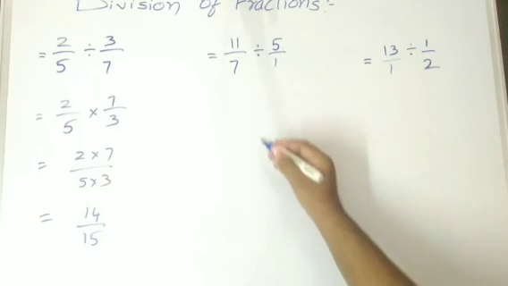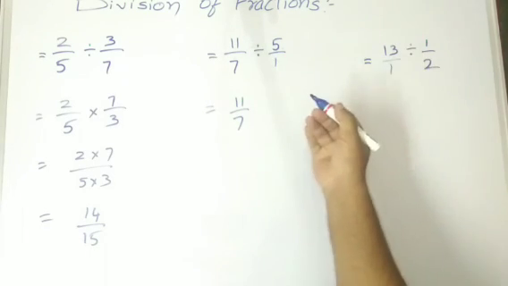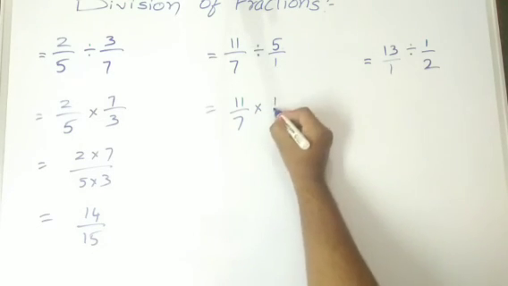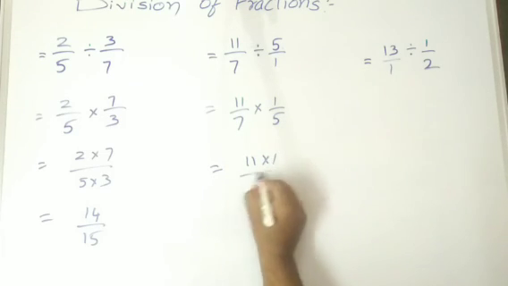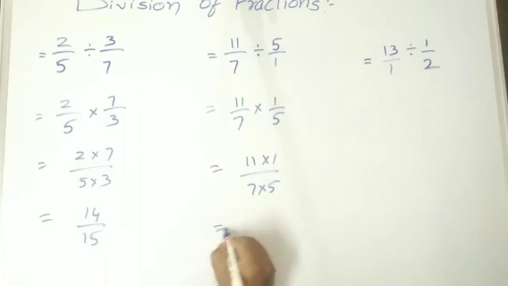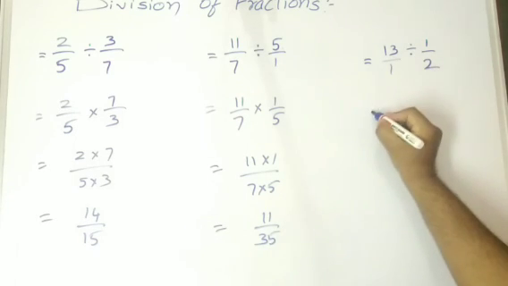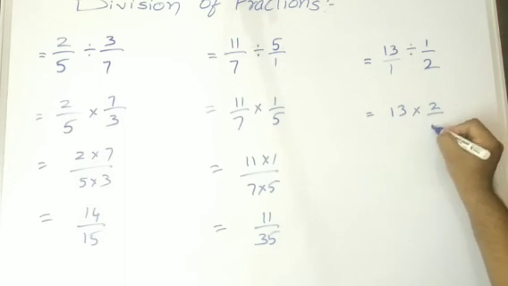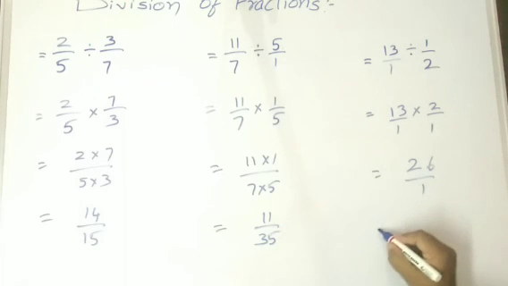So now here, 11 by 7. Division afterwards number we want to make reciprocal. See, division means into, reciprocal is 1 by 5. Now it will become 11 into 1 by 7 into 5. It's 11 by 35. Now here the 13. So see 13 into this 2 by 1. So 13 2s are 26 by 1. Answer is 26.